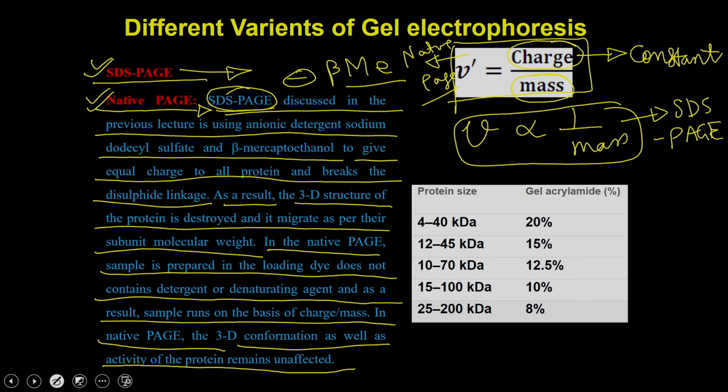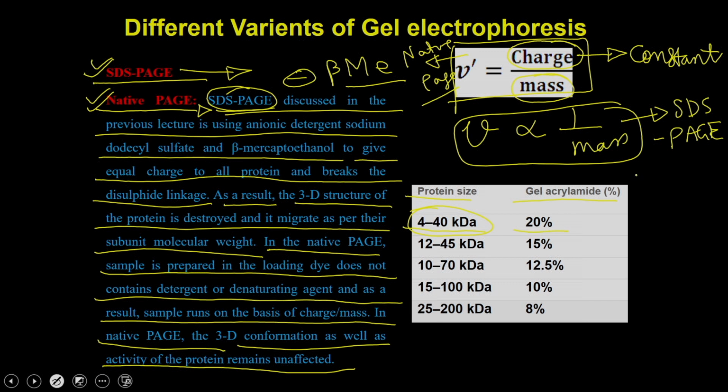Apart from that, if you see the protein size and what kind of gel you have to use for better resolution and separation, if you have a very small molecular weight, for example a 4 to 40 kDa protein, then you can use the 20% gel.